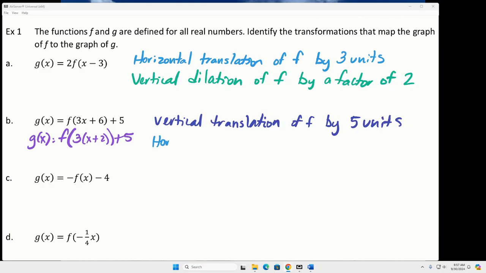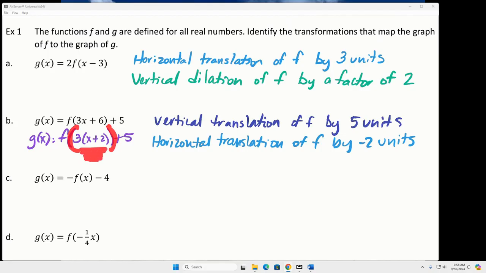This is good. Yeah, close. Very, very close. So it's going to be a horizontal translation of f by -2 units. And then that 3, even though I have 2 sets of parentheses, these are the ones that determine inside and outside.